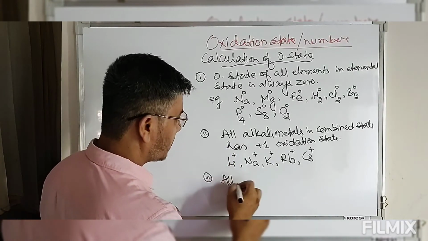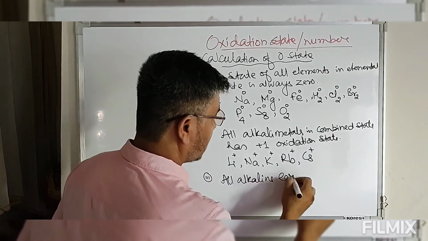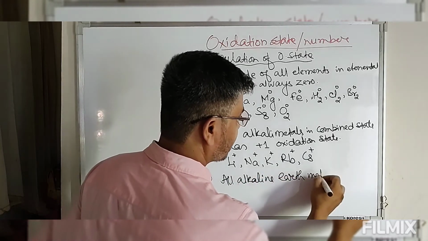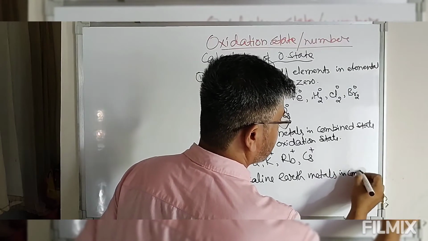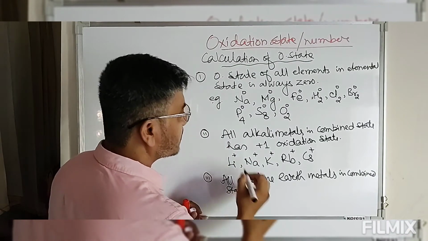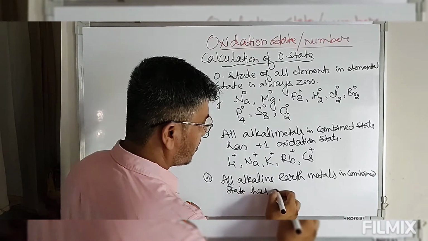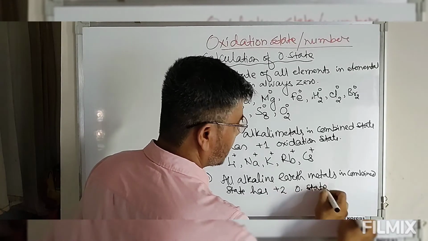So all alkaline earth metals in combined state have +2 oxidation state.